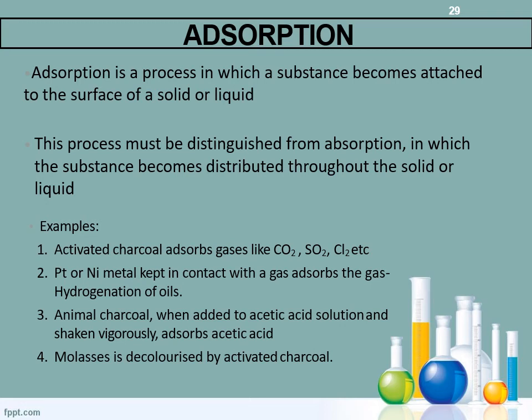You may search what is trans fat. Number 3, animal charcoal. When animal charcoal is added into an acetic acid solution and shaken vigorously, it will adsorb the acetic acid. And the last one, molasses is decolorized by activated charcoal.